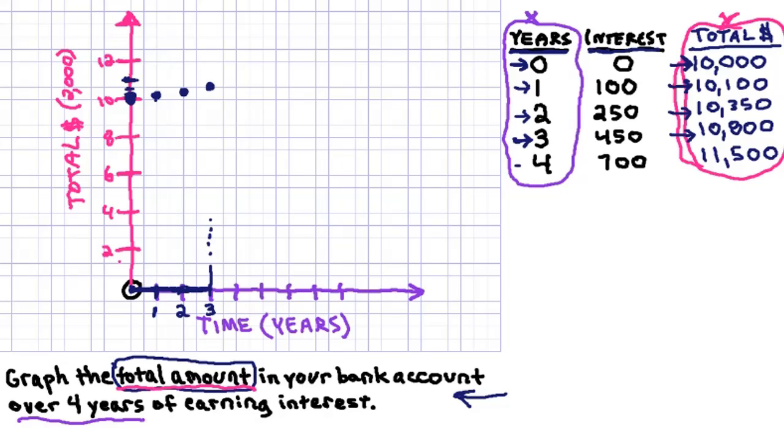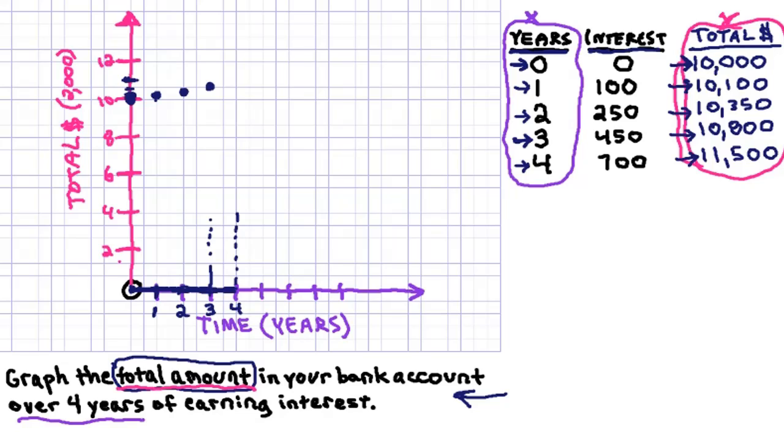Now for year 4, we have $11,500 in the bank account. So we're going to go down to our x-axis and we're going to count over 4 years. Here's 4. And we're going to follow that up, up, up until we get to 11,500.